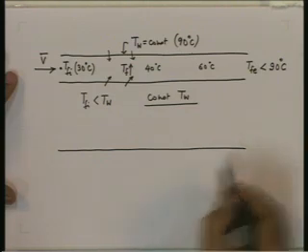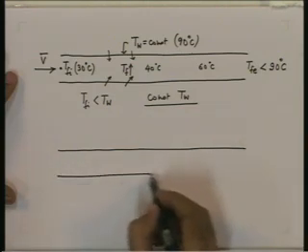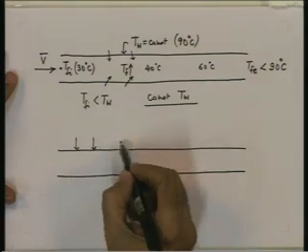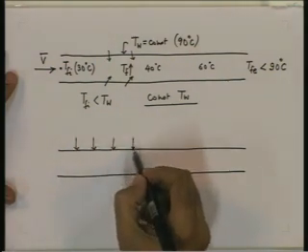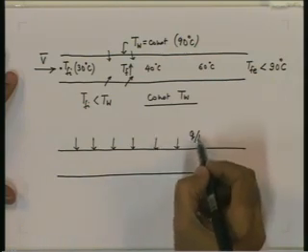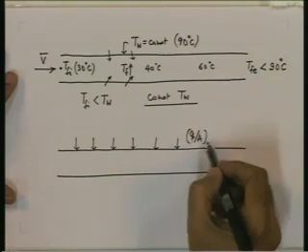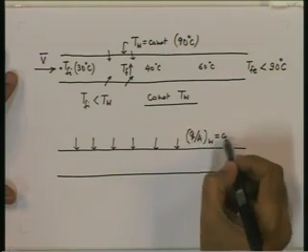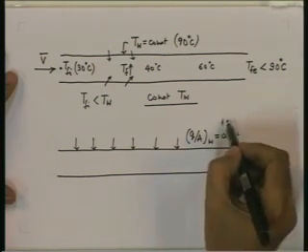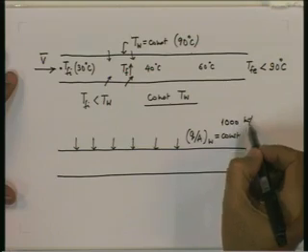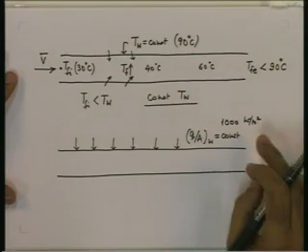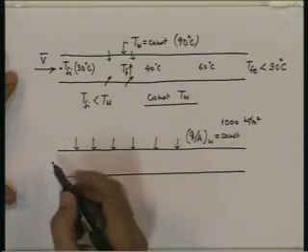The other situation is that of a uniform heat flux on the wall. Q by A at the wall is maintained at some constant value, say 1000 watt per meter square. So we don't talk about the wall temperature, it's not specified.